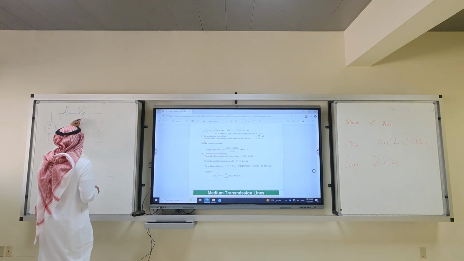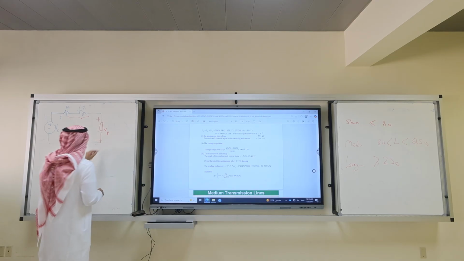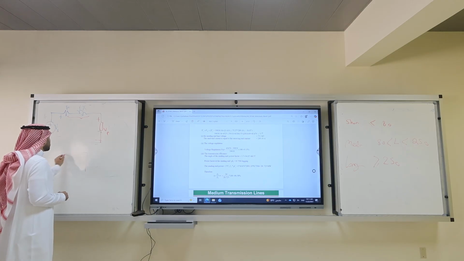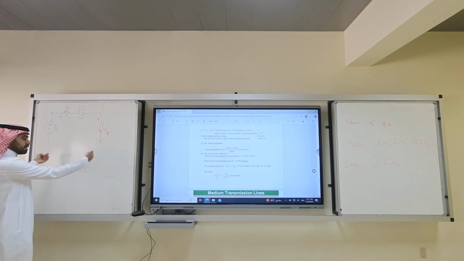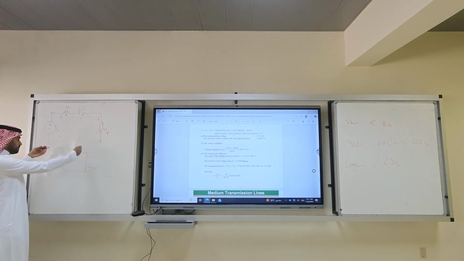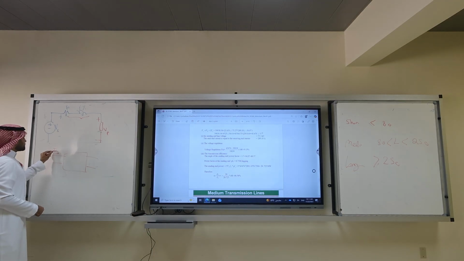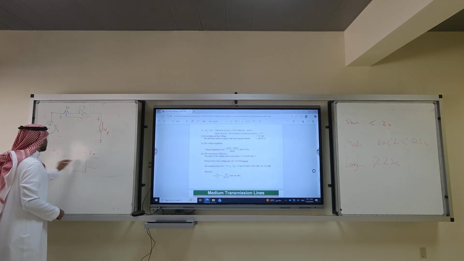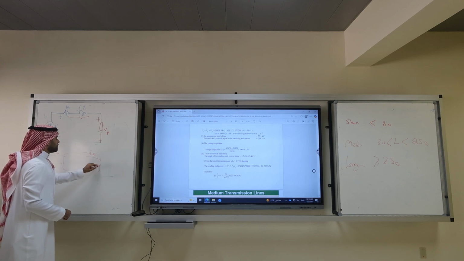So what is Z? This is VR. You agree with me? It's a load or something. And I told you to look at it as a two-port network where you will have 4 terminals, 2 terminals, but 4 entries. You have IS, IR, VS, VR.